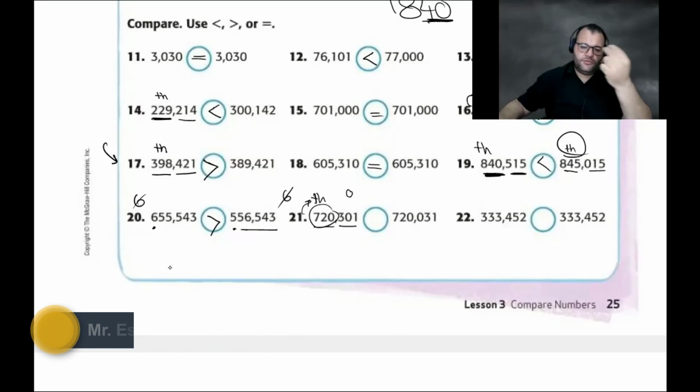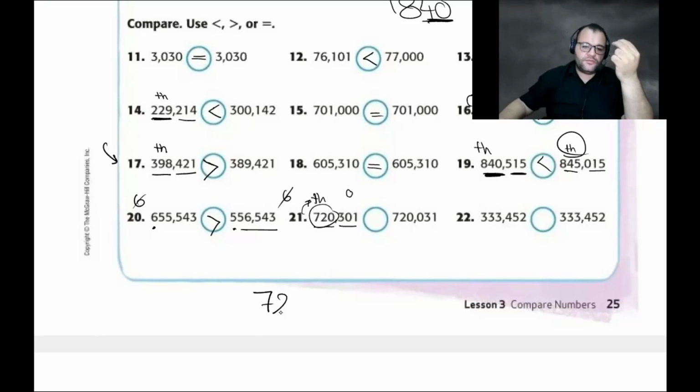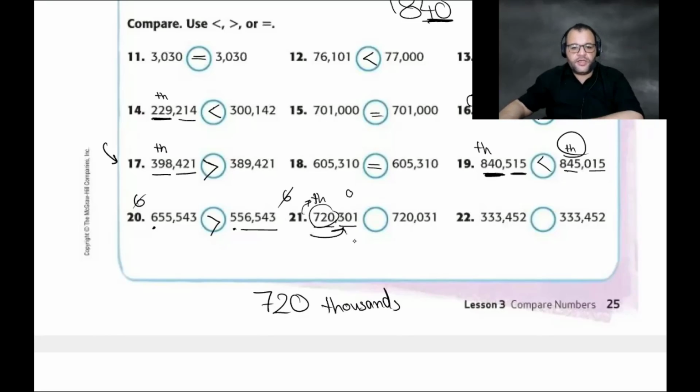7,020. Can you read this number? 720, then we say thousands. Then continue reading. 720,000. Yes. 301. Yes.